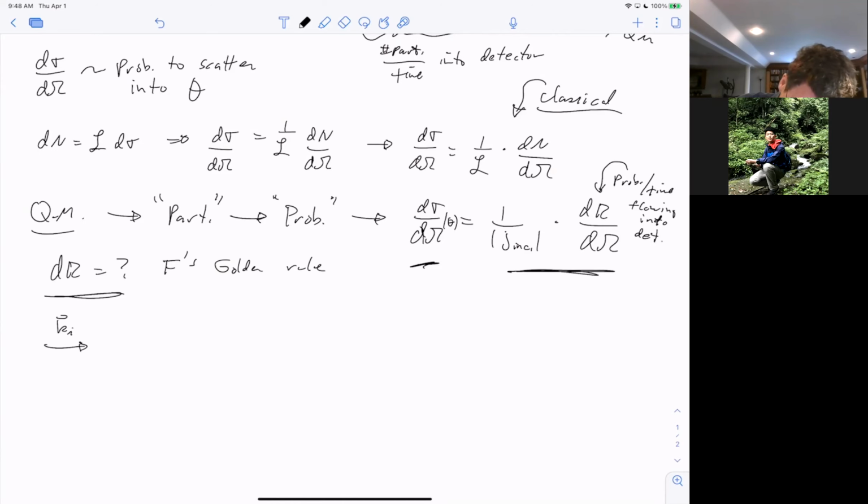That's the initial state that went into Fermi's golden rule. And then we had all these possible final states because you can scatter into all these different directions. And so that's the density of final states, where these are the k final, all the possible final momenta.